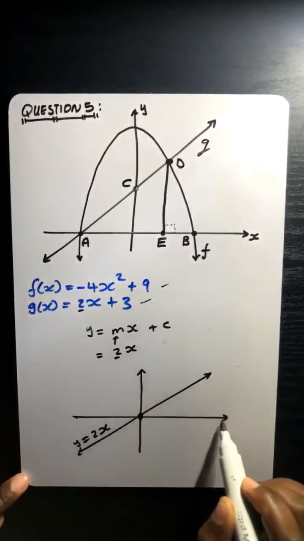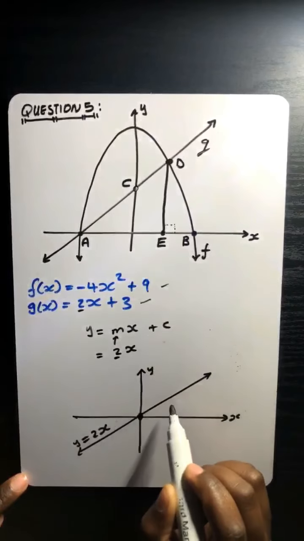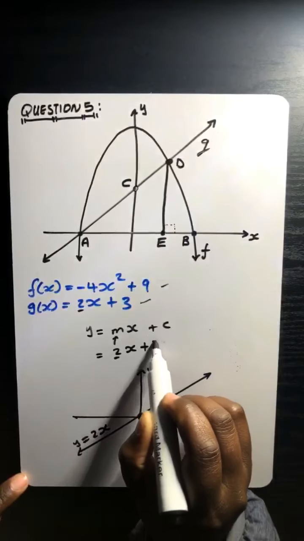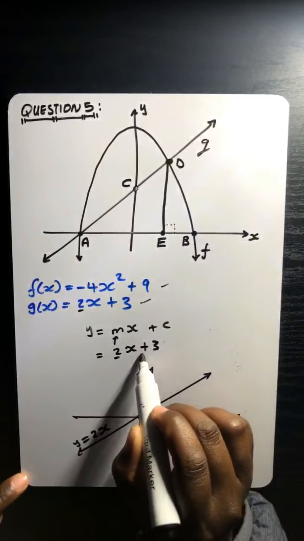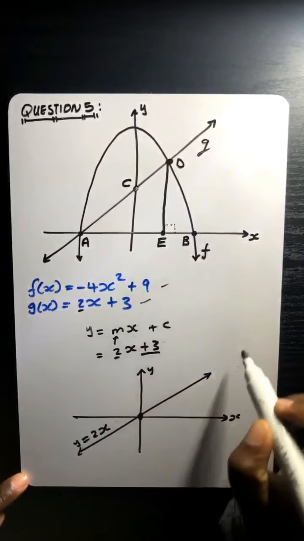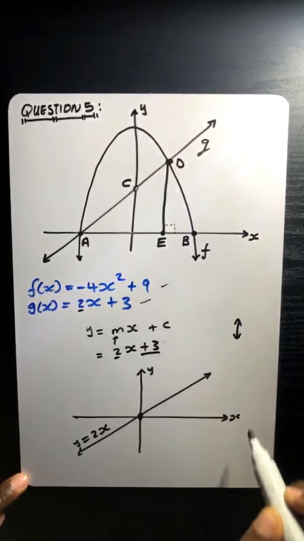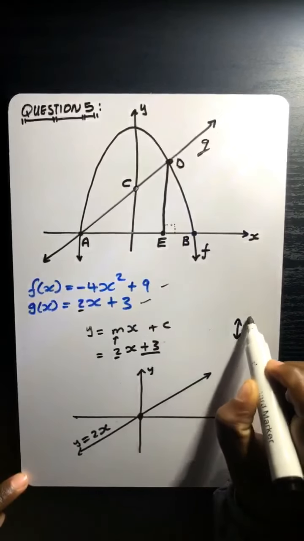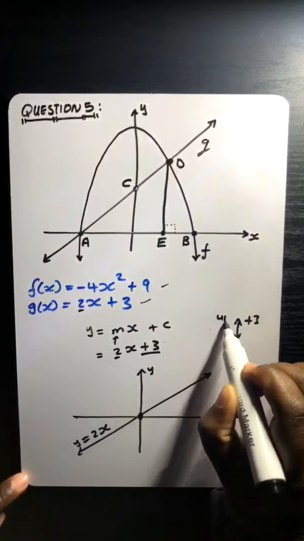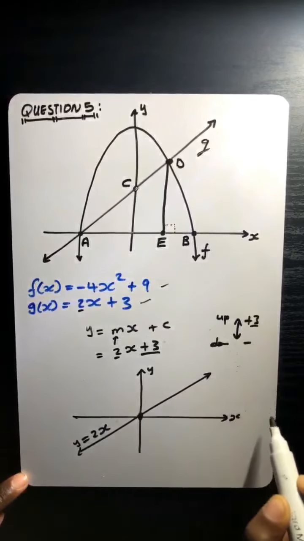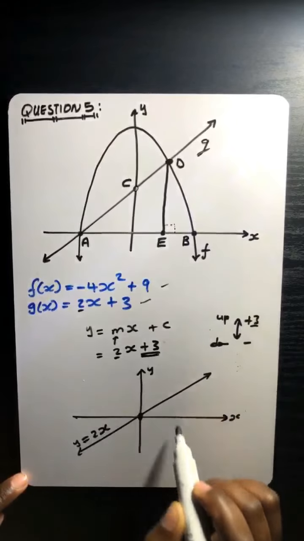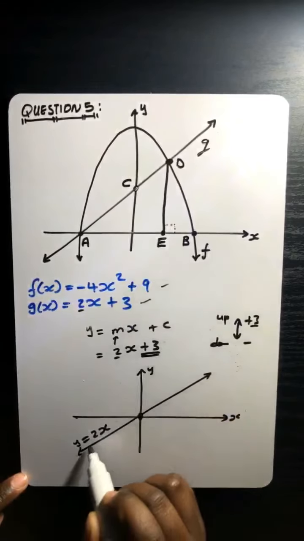But now something happened. They added 3 over there. So this 3 tells us about the vertical shift. Remember, vertical means up and down. So if we have positive 3, it means it has shifted upwards by 3 units.